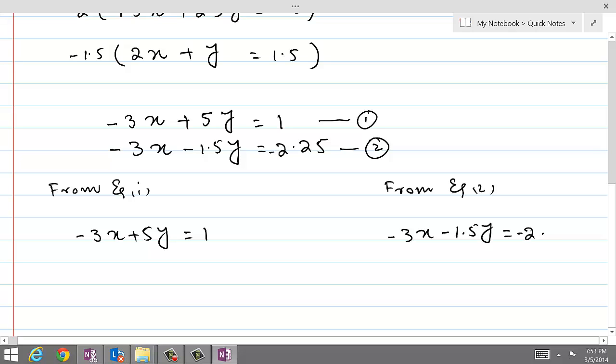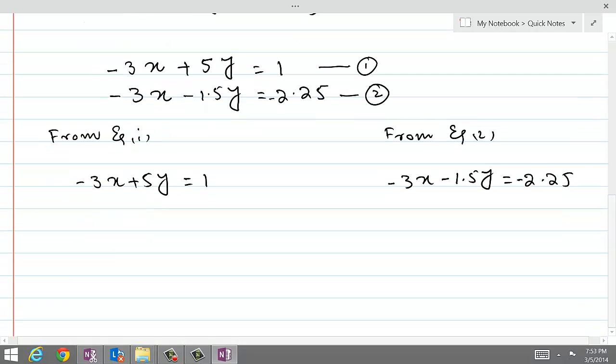We can find the value for minus 3x from both of these equations.